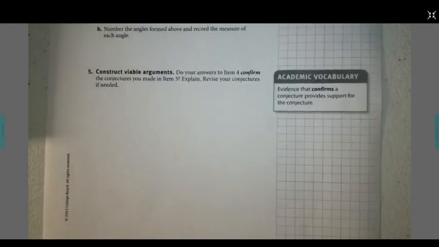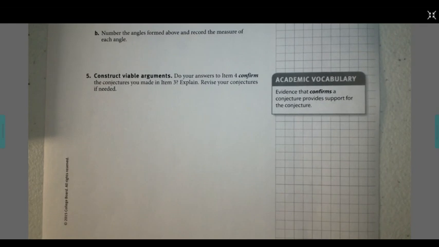Question number 5. Do your answers to item 4 confirm the conjectures you made in item 3? Explain or revise your conjectures if need be.